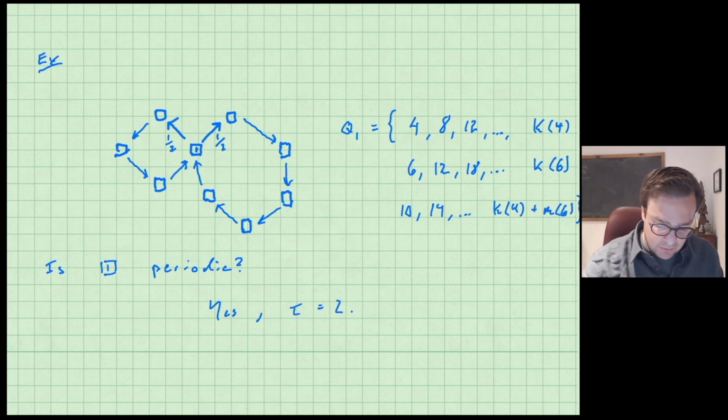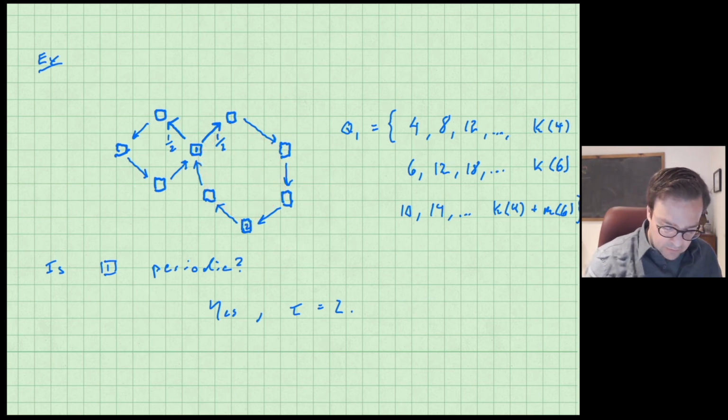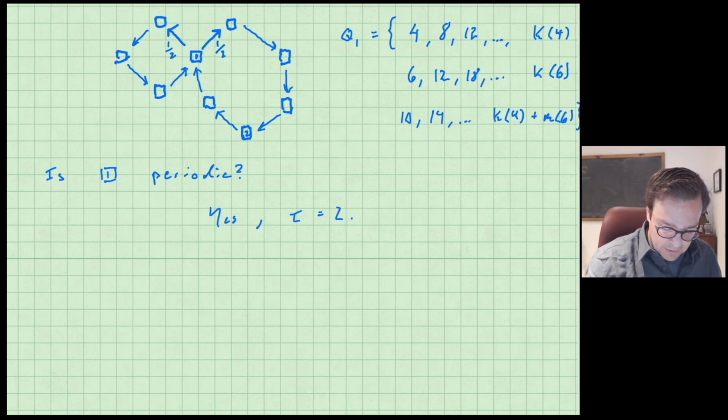Let's try another one. We'll label this state 2. And we'll go through the same exercise where we count up different routes. All right, so we start here and go 1, 2, 3, 4, 5, 6. So multiples of 6 are definitely going to work. So for this one, is 2 periodic?